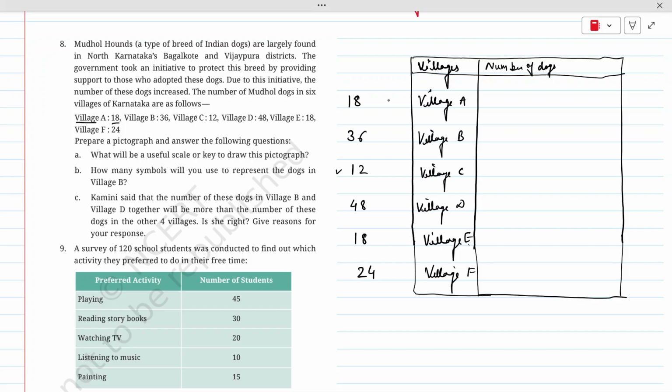Now if I start with 2, then for 36 I will have to make 18 images, and for 48 we will have to make 24 images. So let's increase our scale from 2 to 4. If I make the scale 4, then 18 is not an exact multiple of 4.